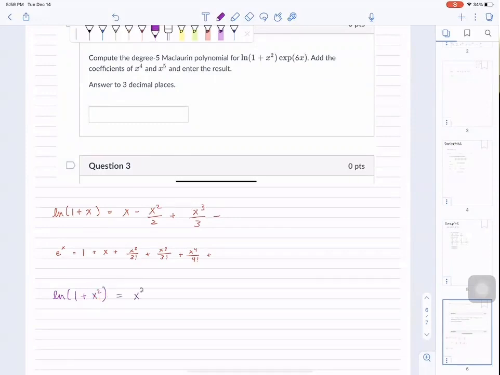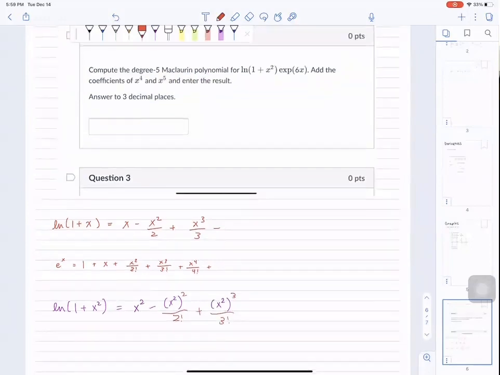So that gives x squared minus, I see an x there, so (x squared)^2 over 2 plus, I see another x, so (x squared)^3 over 3. Oh, wait, just 3, no factorials. So what does that give us? x squared minus x to the 4th over 2 plus x to the 6th over 3.